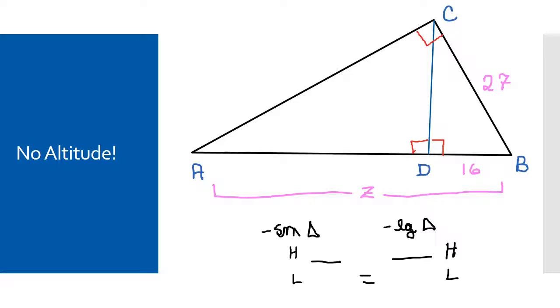You could go leg, hypotenuse, and leg, hypotenuse, much like we did on the other triangle. It's apples to apples and oranges to oranges. And when I say apples to apples, here's the apple, and here's the apple, and here's the orange, and then, of course, likewise, orange on the other side.